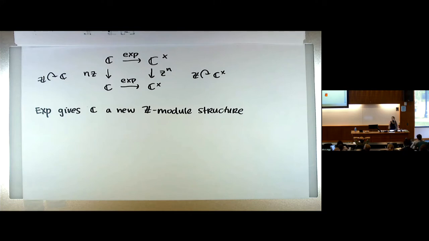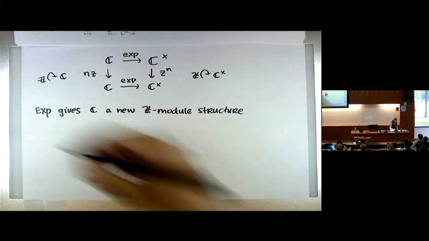Why do we care? I'm happy you asked. It is a theme that if you can think of a smart new action of your integers, and you look at their torsion points, you will get really good field extensions.